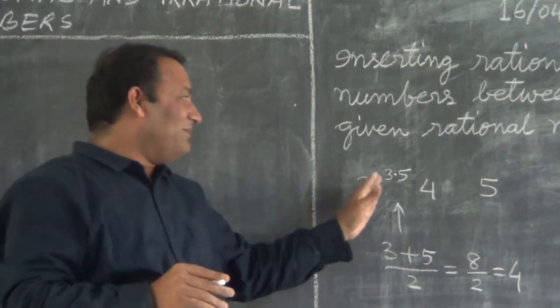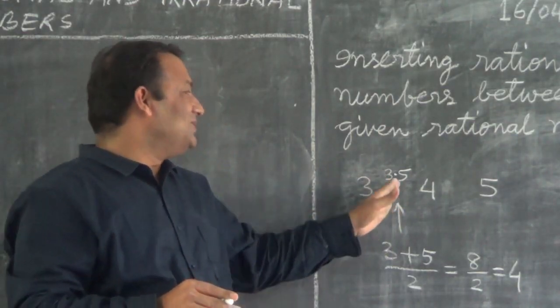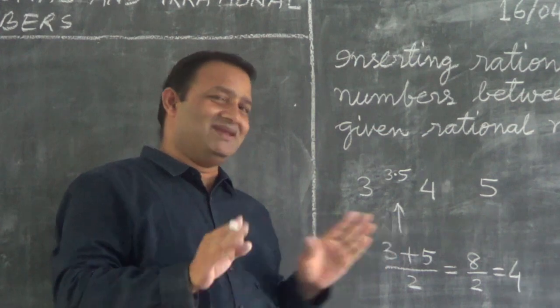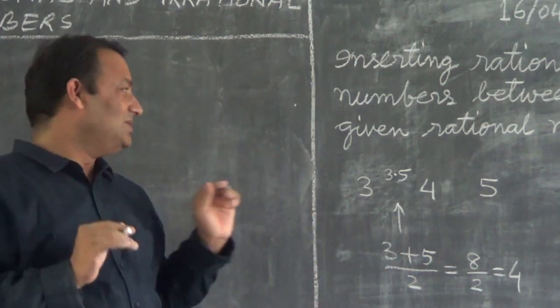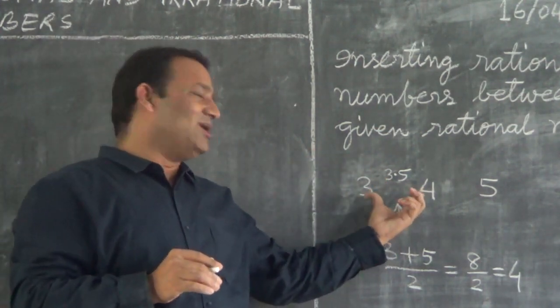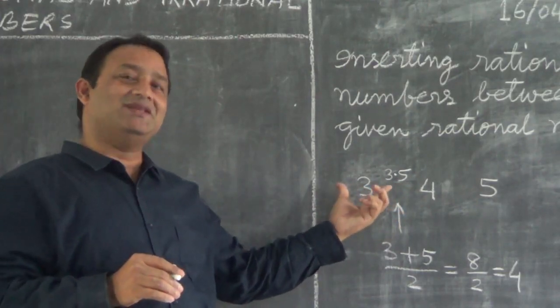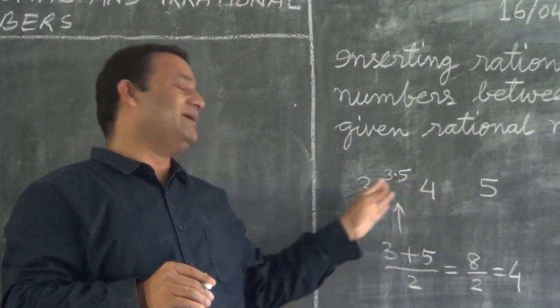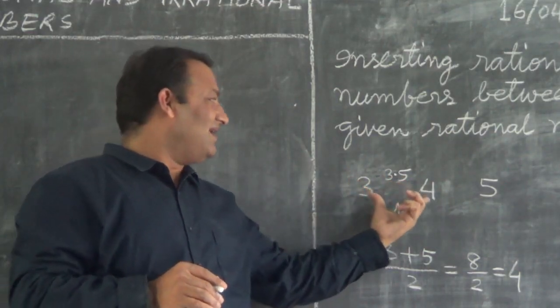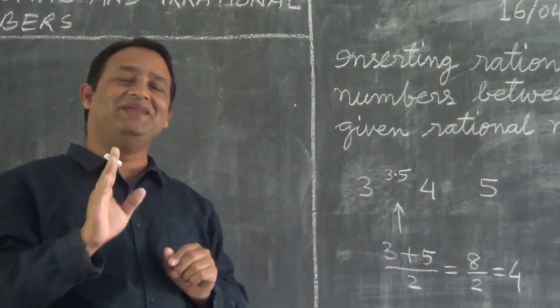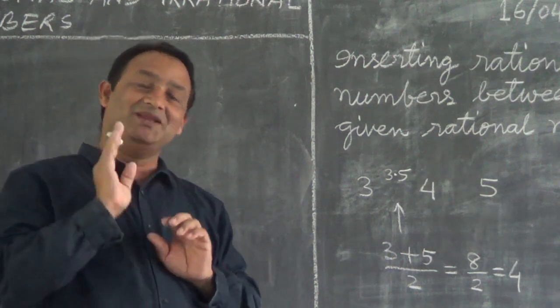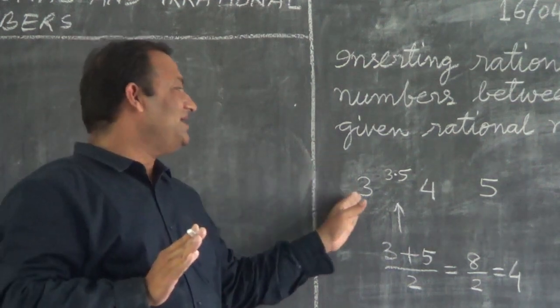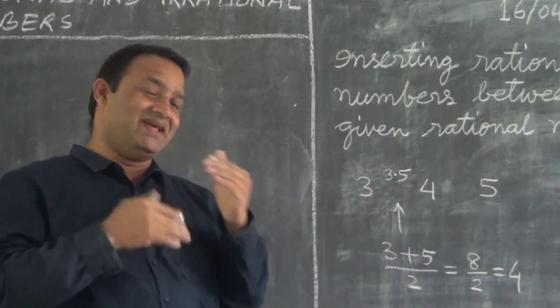So what I need to say here is we need to know the method. There is no need to know all the numbers which will come between 3 and 4. It is not possible to say, because between two given rational numbers there are infinitely many rational numbers.